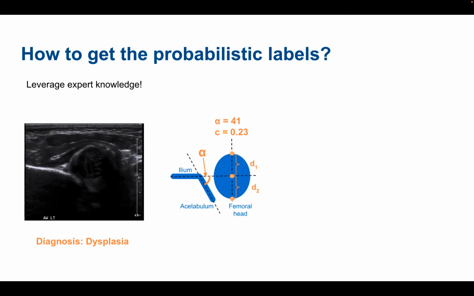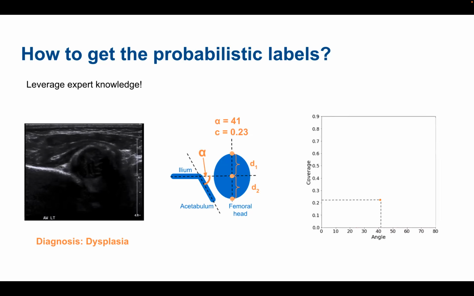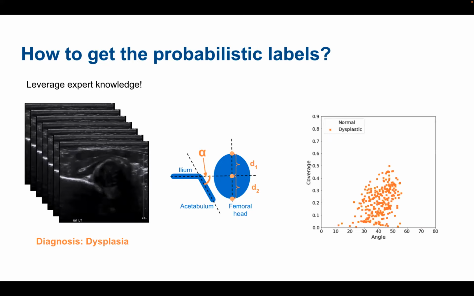And then it turns out, for example, that in this image, the angle is 41, and the ratio is 0.23. And then you build your table or your graph or whatever you want to call it, and you put your point there. Angle 41, coverage or ratio 0.23. And then you repeat the same for all the images that were classified as dysplasia. So now you have a set of points in there.